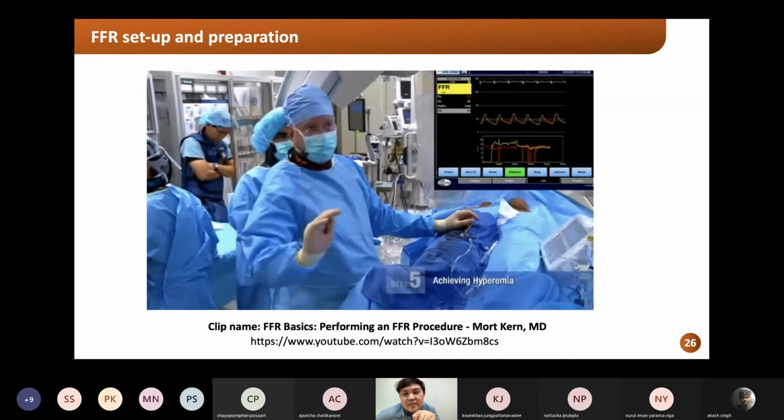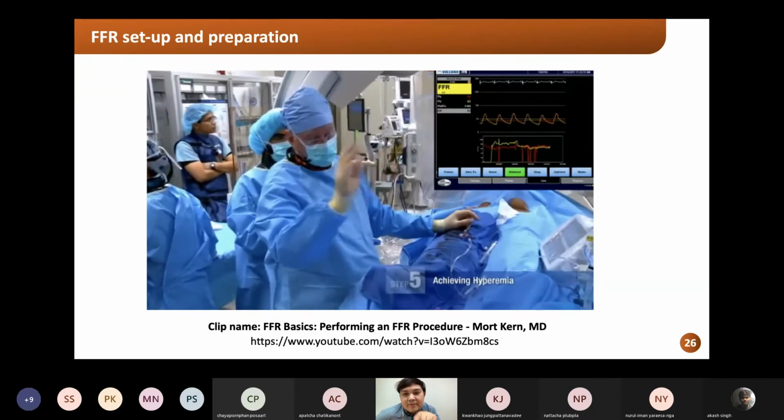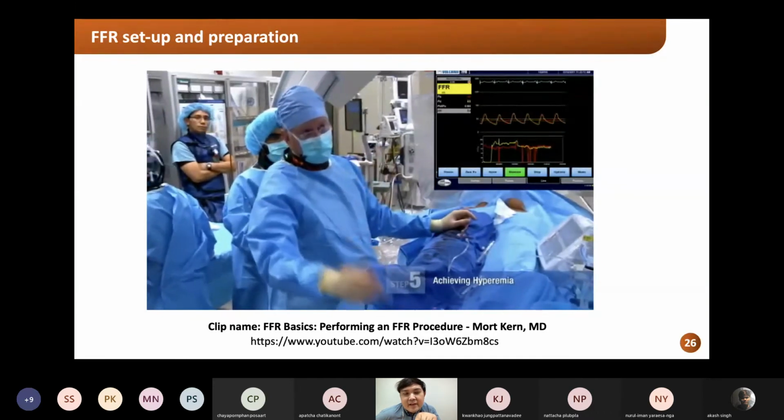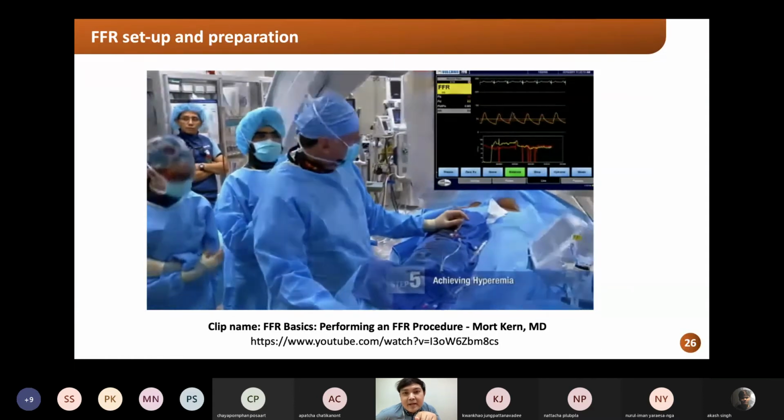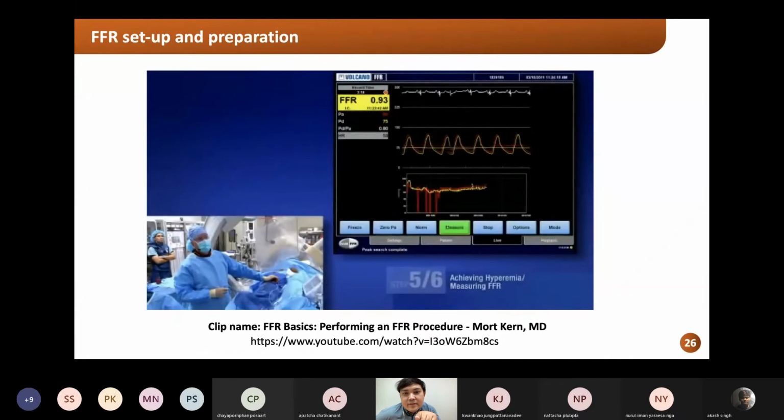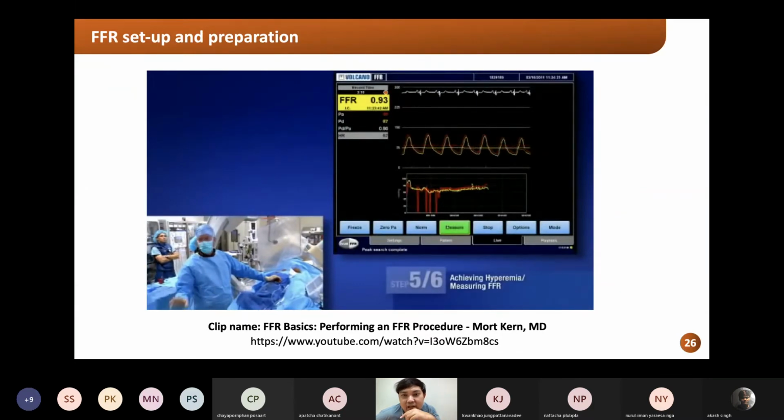In this case, I think the patient doesn't have the lesion, or it might be located at the proximal part, like above the lesion. Now he slightly advances a bit, and you can see that the yellow amplitude goes down a bit.